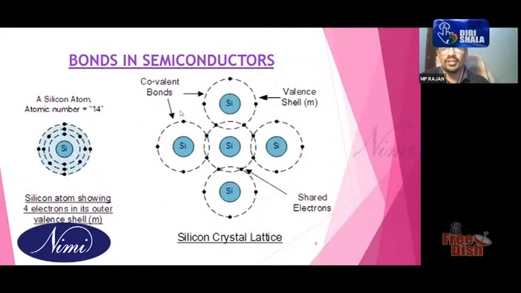There is no free electron at normal temperature. Unless you make any change, it is as good as electrically insulated. This is called insulated.